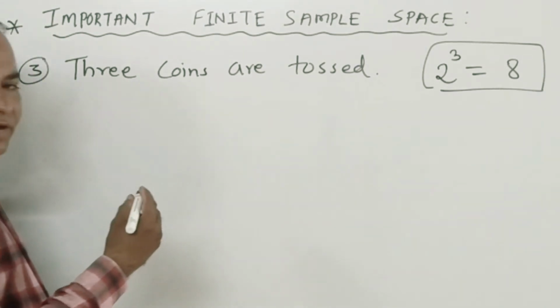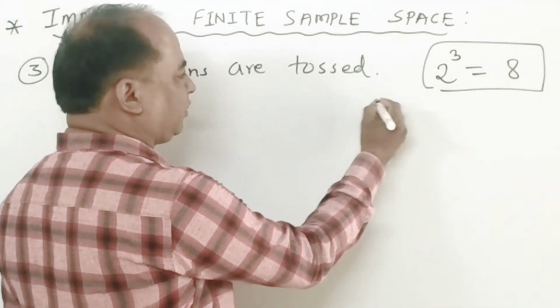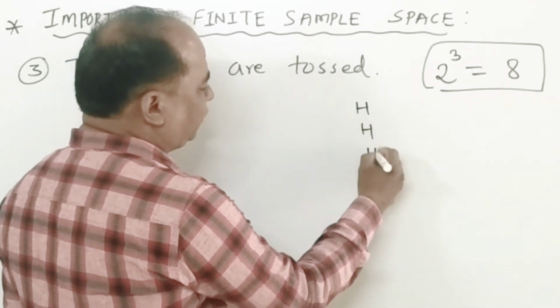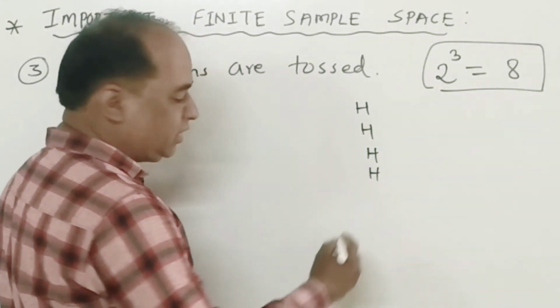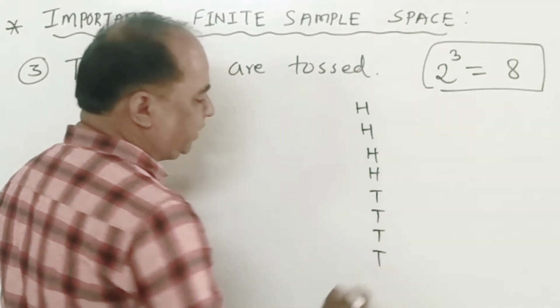The technique of writing these 8 outcomes: here 3 coins are tossed. On the first coin, write 4 times H and 4 times T, total 8 outcomes.